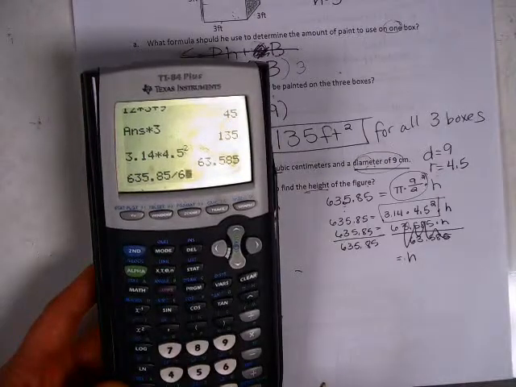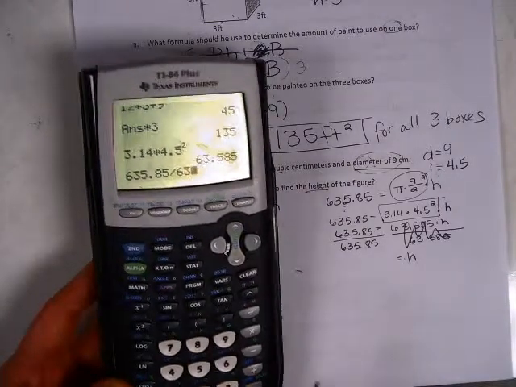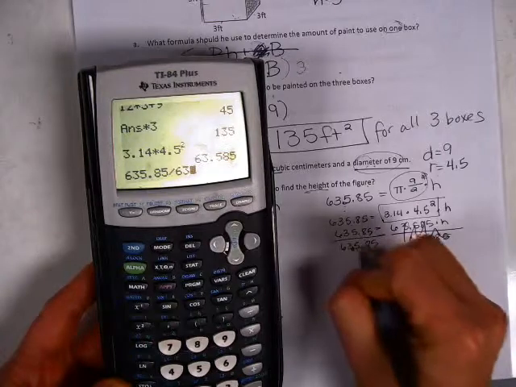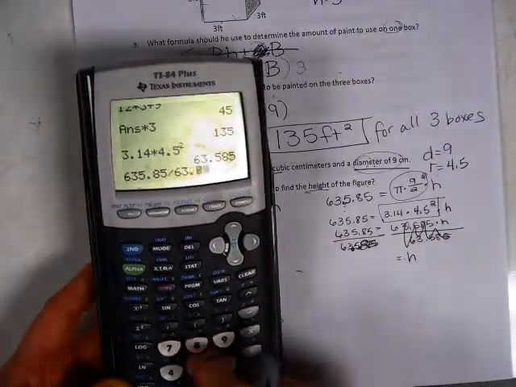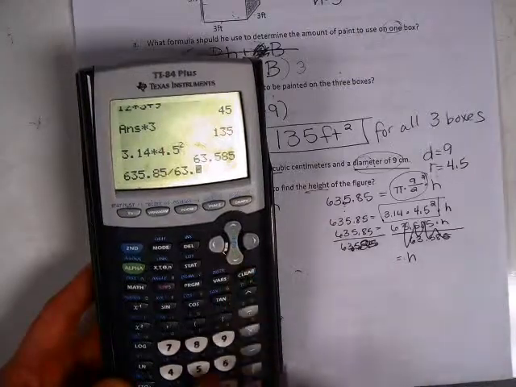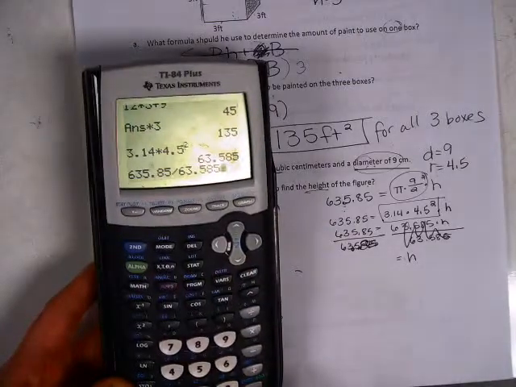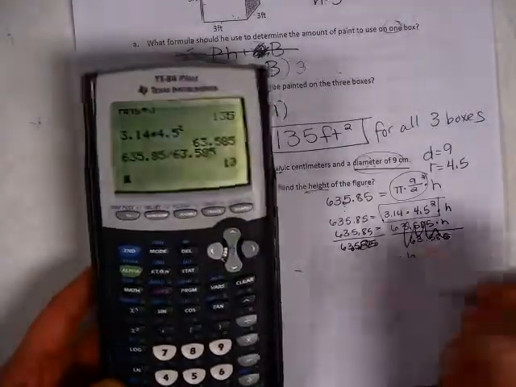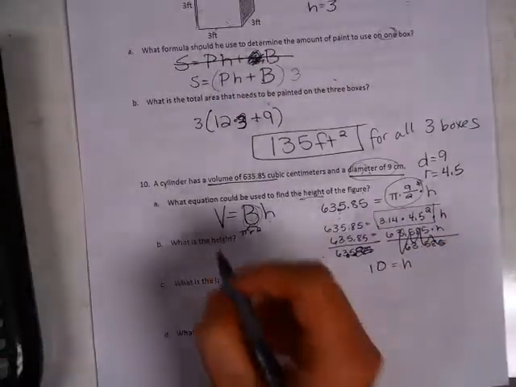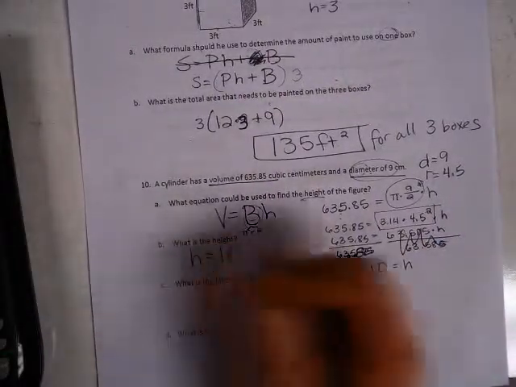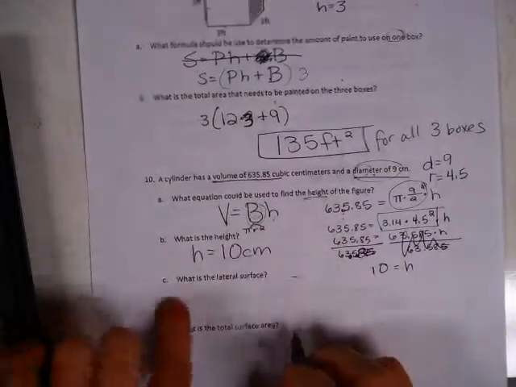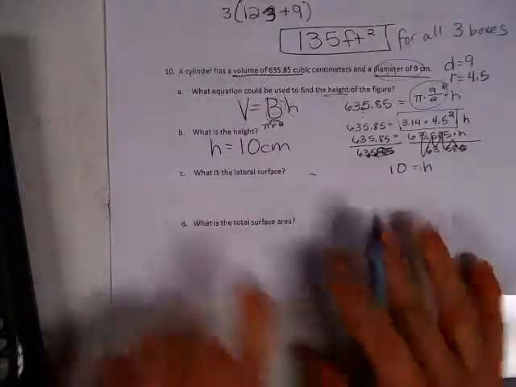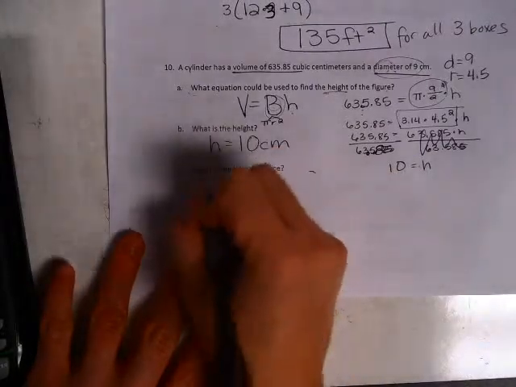That is going to mean the answer is going to be a power of 10. See? 10. So the height is 10 centimeters. Now, they want the lateral surface area, and then they want the total surface area.